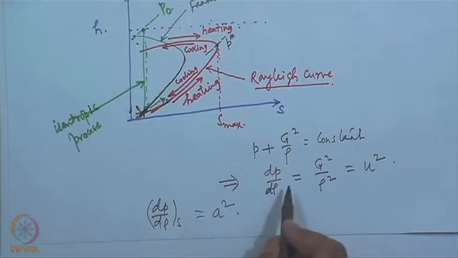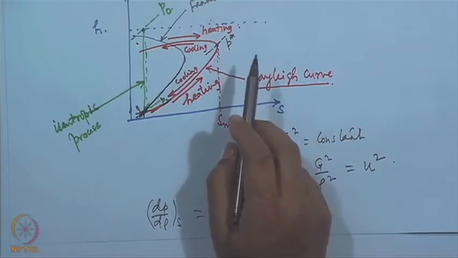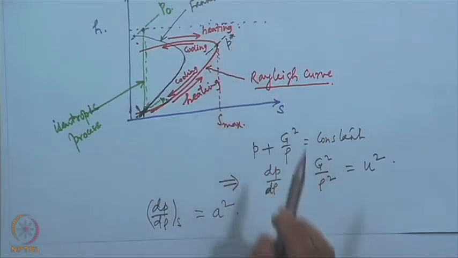or rather this represents the speed of sound only in the special circumstances when a very small change in pressure causes a very small change in density, such that there is no change in entropy. Now, we can see that this situation is fulfilled at the point of maximum entropy.